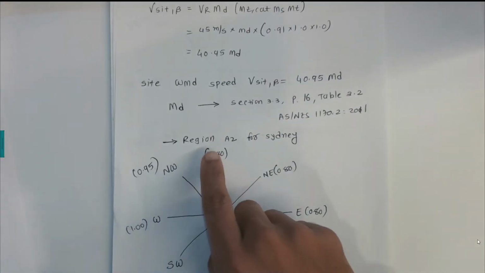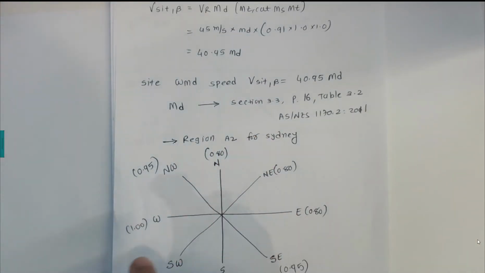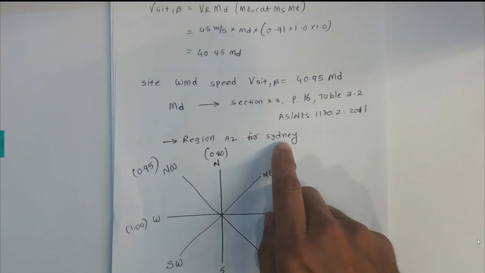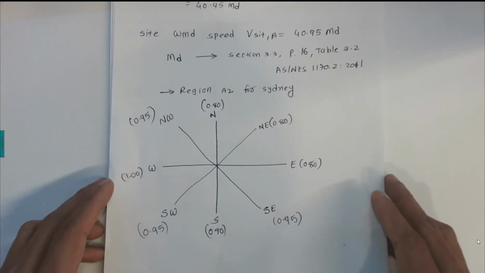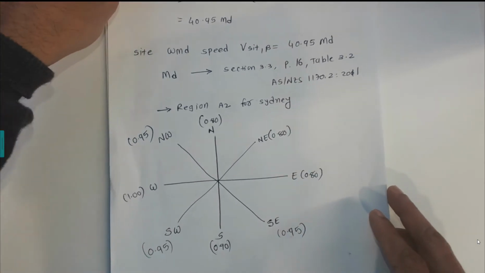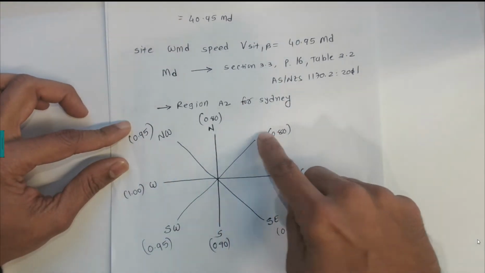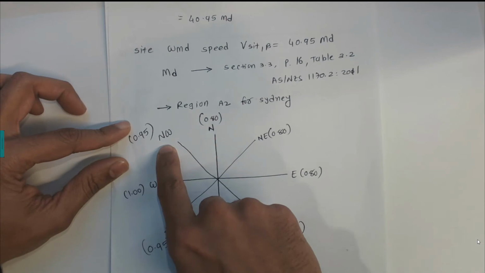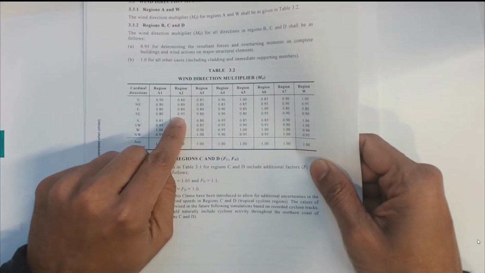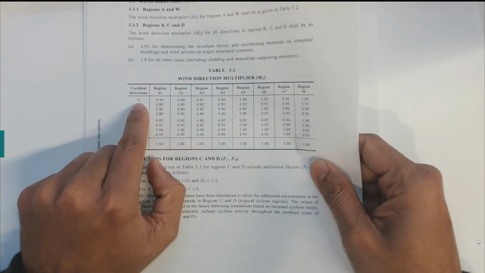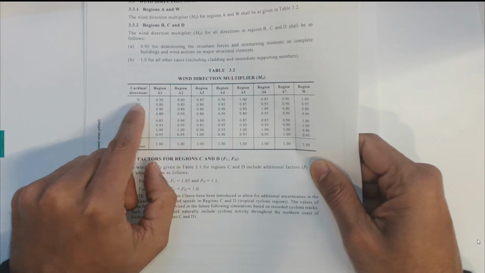In our case, we have region A2 for Sydney, as given in the question, since the building is located in Sydney. If I draw this figure with the 8 different directions, north, south, east, west, and northeast, southeast, southwest and northwest, we can find that for region A2 various values are given for north, northeast, east, southeast and so on.